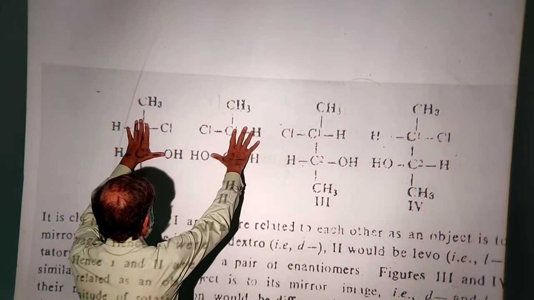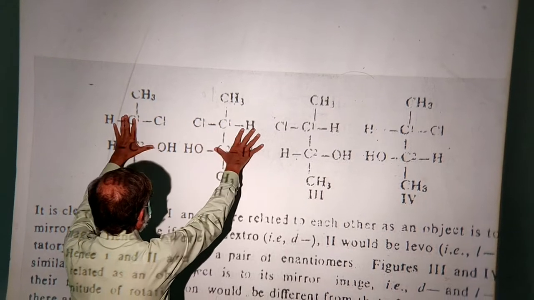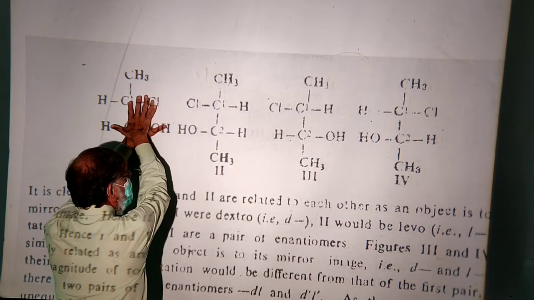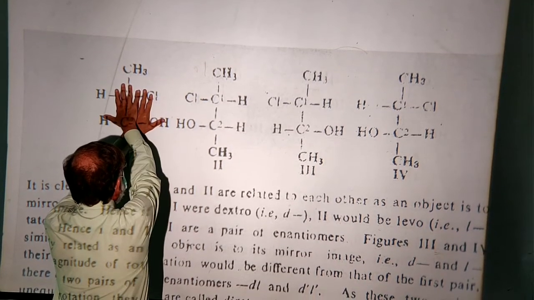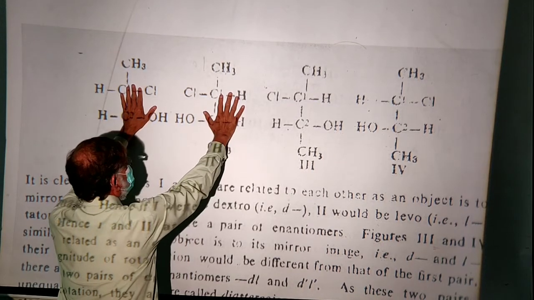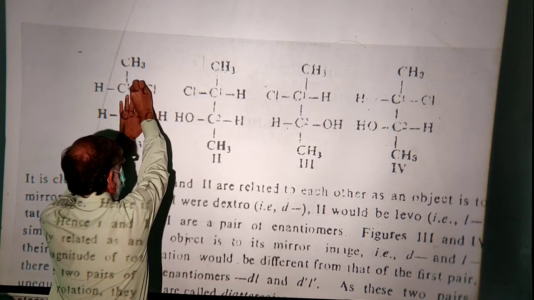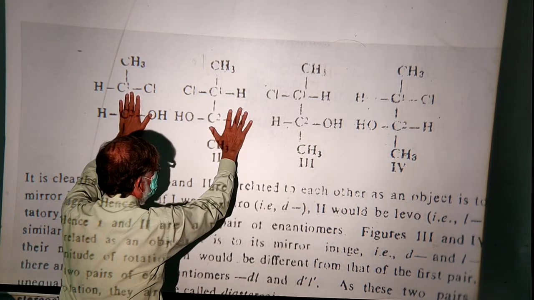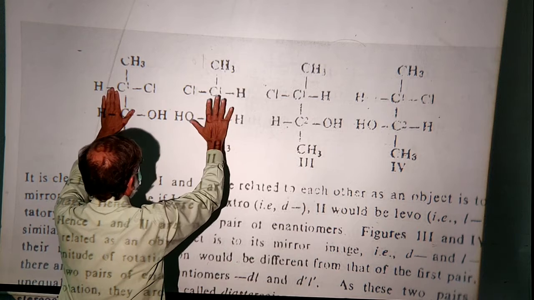Now these are OH groups. You can see like this. When we move, it will be like this. This is one enantiomer. This is another enantiomer. So this is the object and a mirror has been placed, and the mirror image is like this. Object to its mirror image.